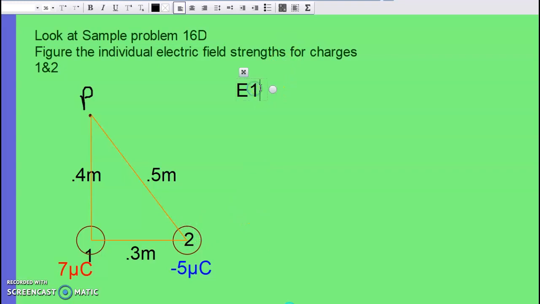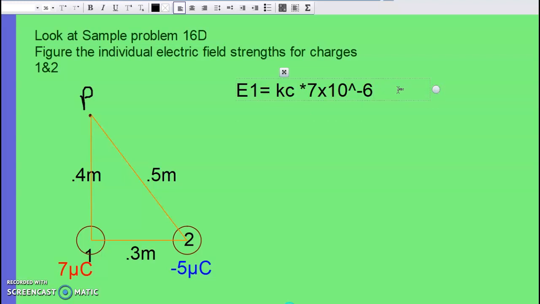Electric field for number 1 is going to equal Coulomb's constant times 7 microcoulombs, 7 times 10 to the negative 6th coulombs.